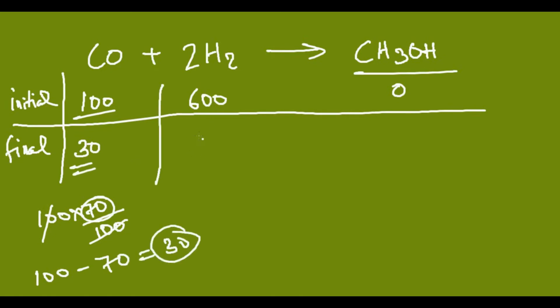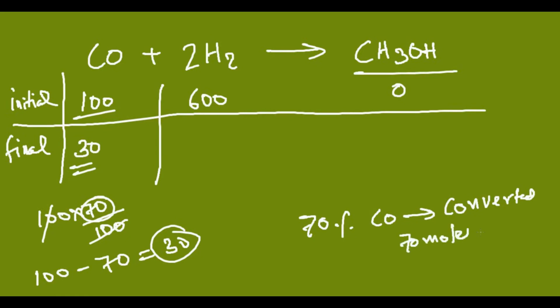Next we have hydrogen. For hydrogen we do not need to calculate like this. What we know is 70% of CO has been converted, that means 70% of 100 is 70 moles. So if 70 moles of CO has been converted, how many moles of hydrogen are required with it?